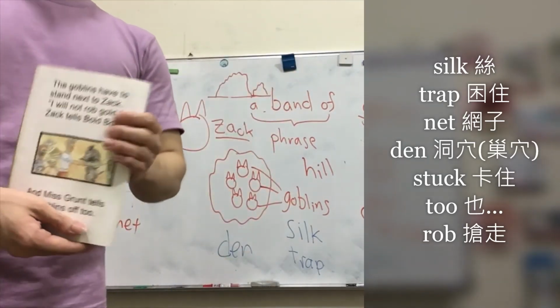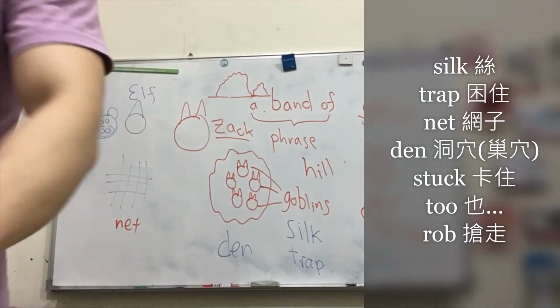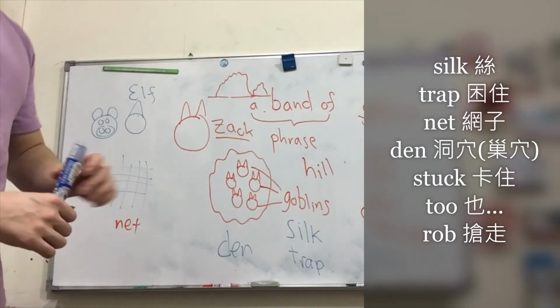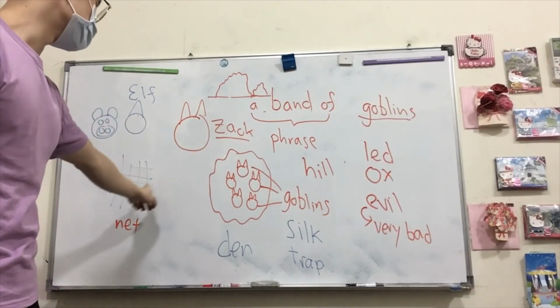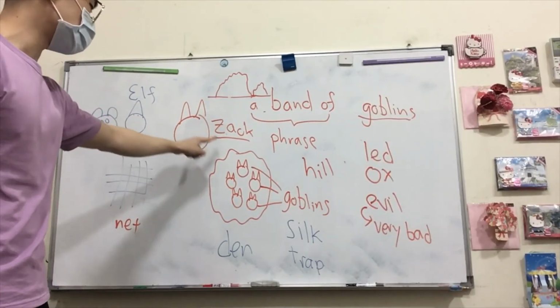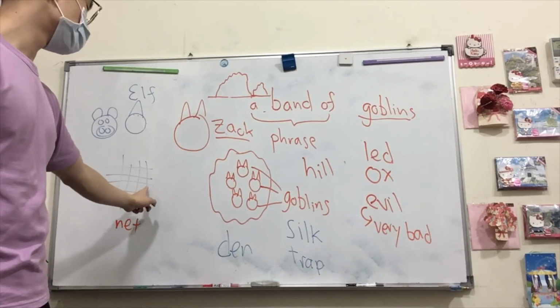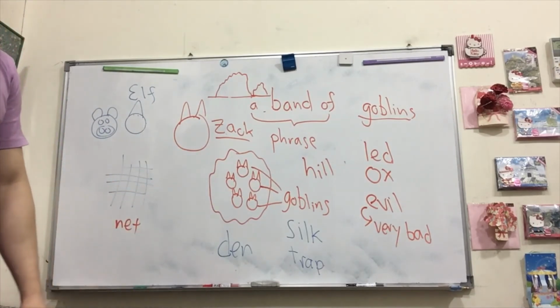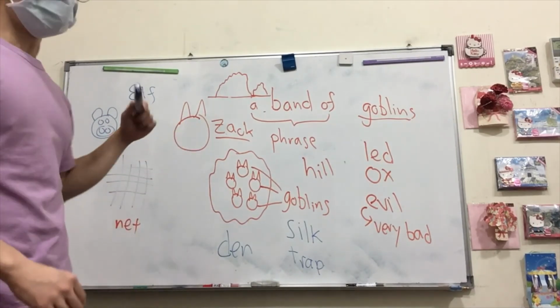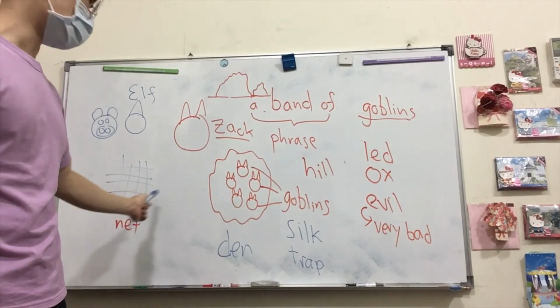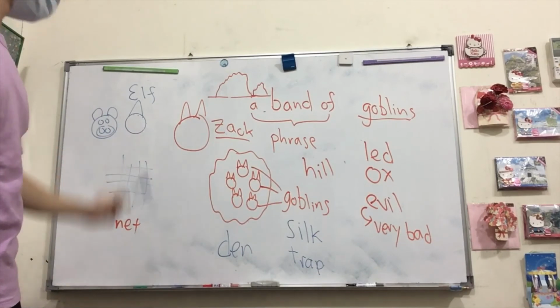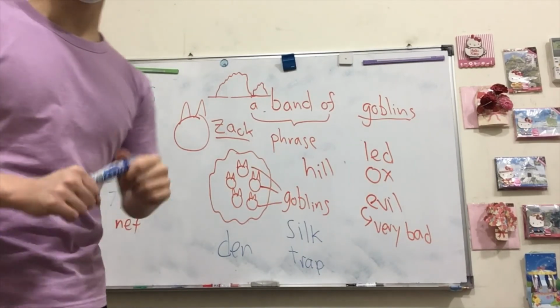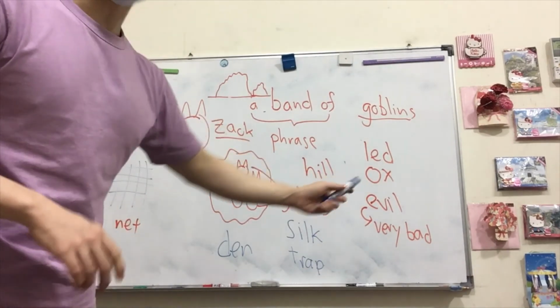So that'll be the end of the story. At the end of the story, Zack and his goblins were trapped in the net. In order to escape from the net, Zack told both Bob and Miss Grunt that he will no longer be a bad person.